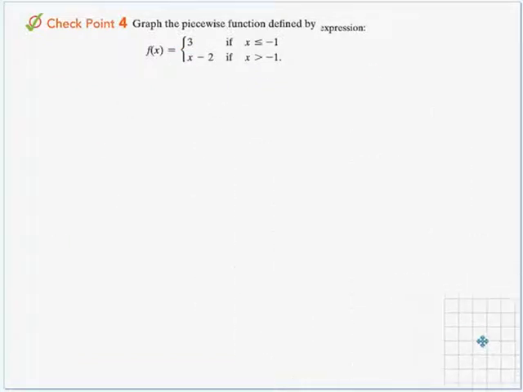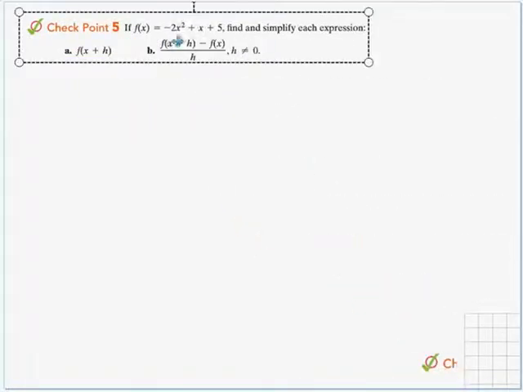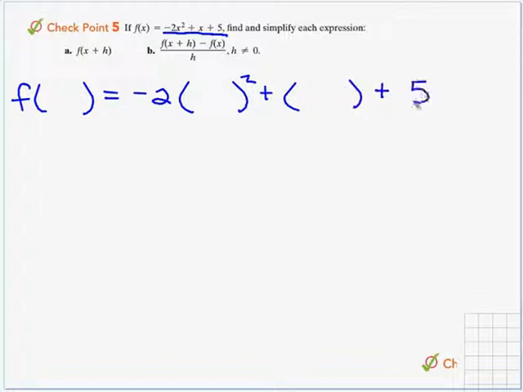Checkpoint 5 was a difference quotient, very similar to the one we just did. Again, these are just very algebra intensive, and it's not even very hard algebra. It's foiling and stuff you learned way back in Algebra 1. So f of x is, I'll underline it right here in blue, minus 2 times something squared plus that same something plus 5.